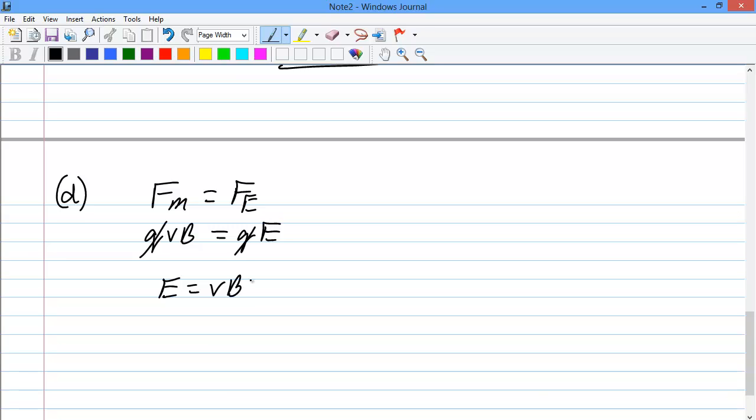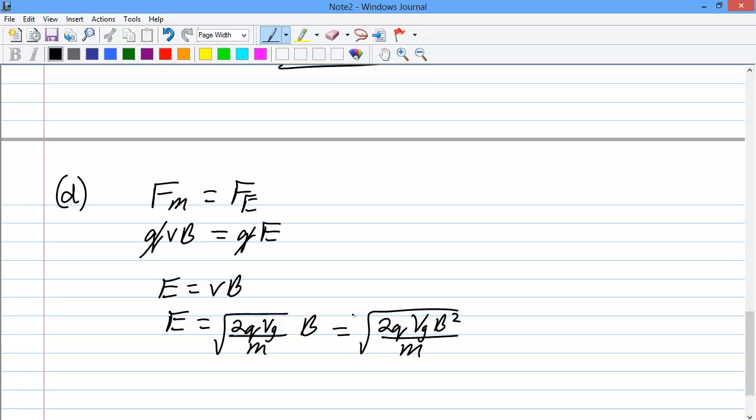But V is not a fundamental constant, so we have to substitute it with what we got before, which was the square root of 2q V sub G over m, times B, or under all one radical, 2q V sub G B squared over m. And the electric field would have to be directed to the right.